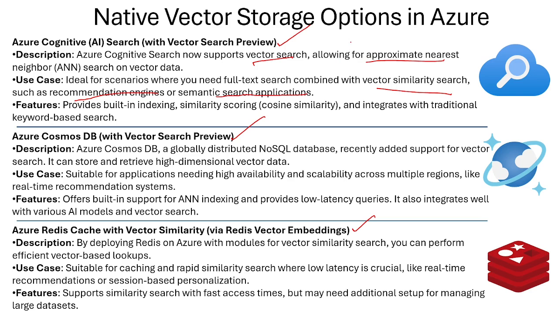A beautiful capability of Azure AI Search is that you can put in unstructured data and vectorize it with the help of Azure AI Search. What I mean by unstructured data is data in the form of PDF documents, Word documents, or .txt files, any unstructured data.